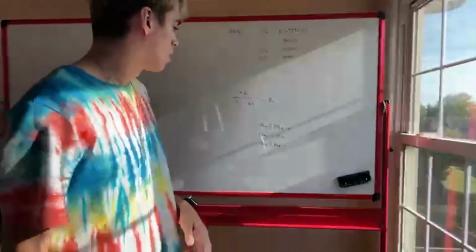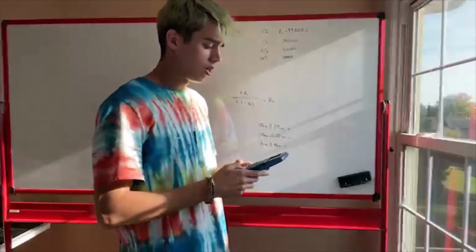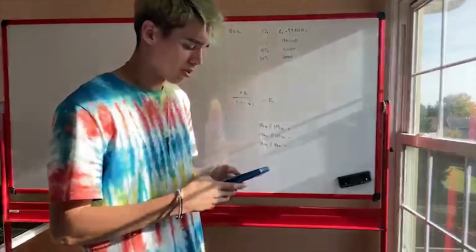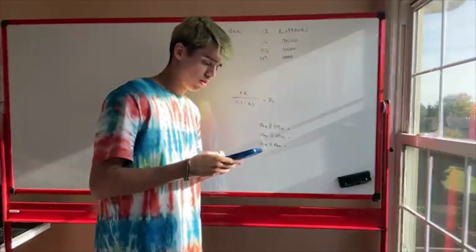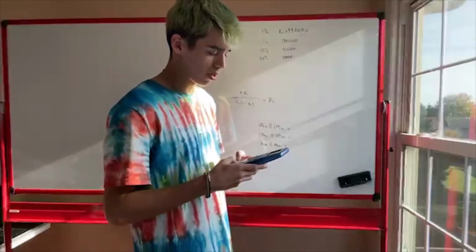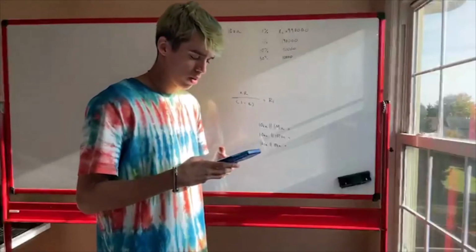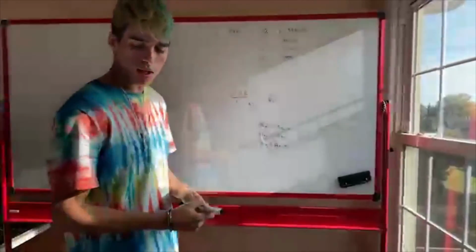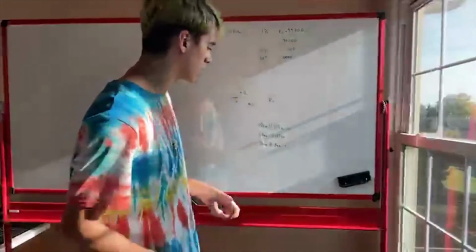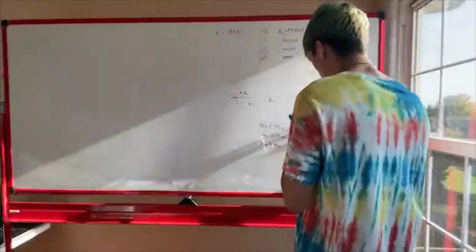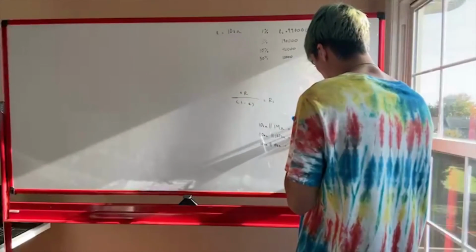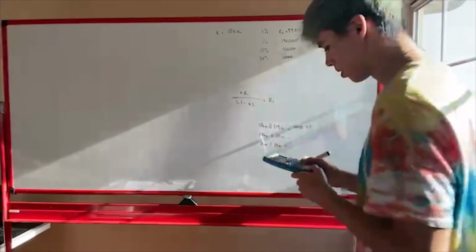Okay. So, that'd be 10,000 times 1 million divided by 10,000 plus 1 million. And that would be 9,900. What about this one?